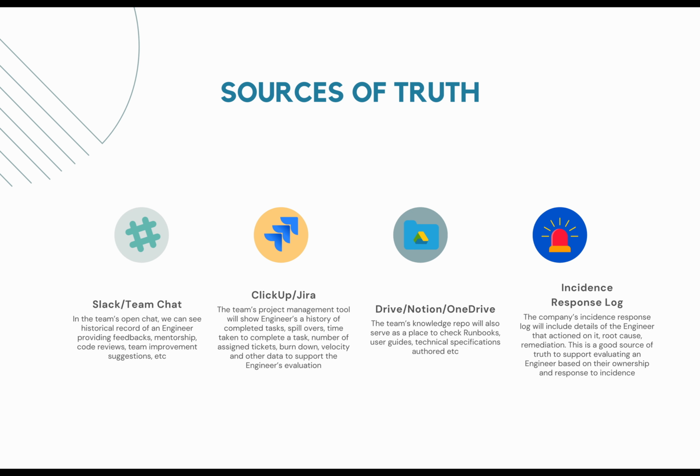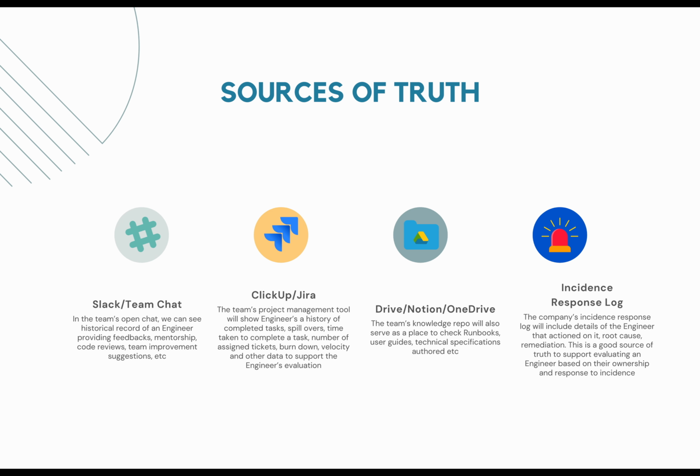Like I mentioned in the first video, we need to find a source of truth so that whatever rating we come up with after looking at the metrics does not become an opinion. It becomes much more concrete and substantial, right? So you can look at Slack team chat. You can look at your ClickUp or Jira to see historical tasks that have been completed. You can look at your document repository like Drive or Notion, so that you're able to see all the user guides or runbooks that this particular engineer has created.